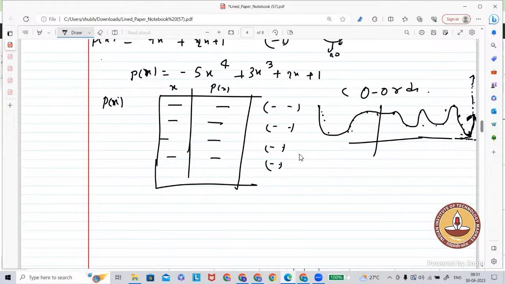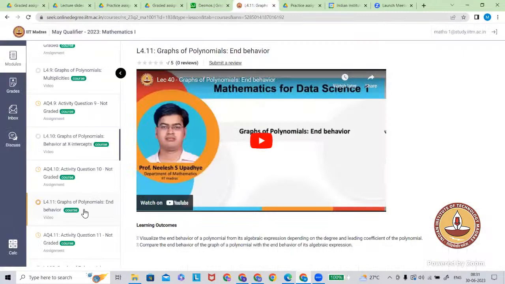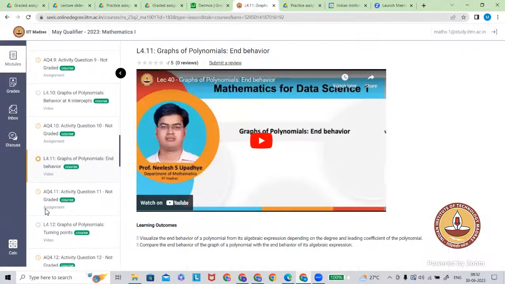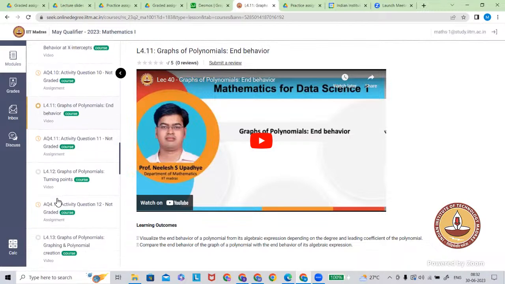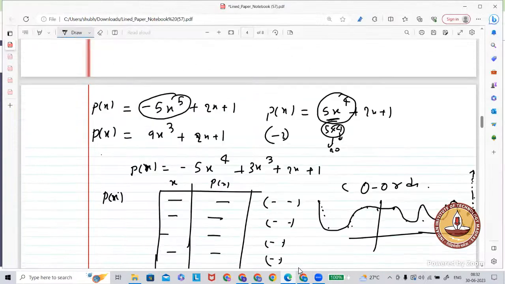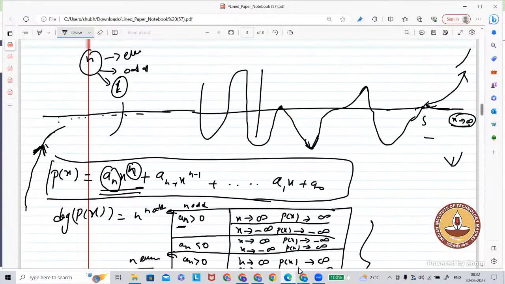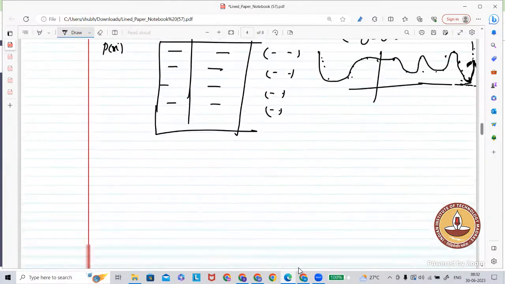Now it is enough? The properties we know, or is anything I'm missing? Let me check once. Yes, this is one thing: the number of turning points still remains. See, end behavior, multiplicity, everything is actually used in drawing the graph.